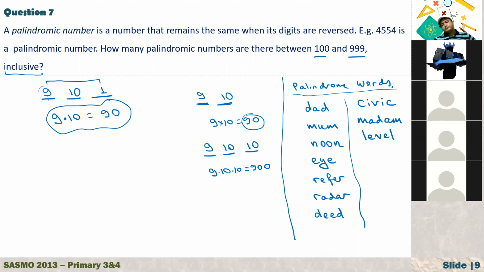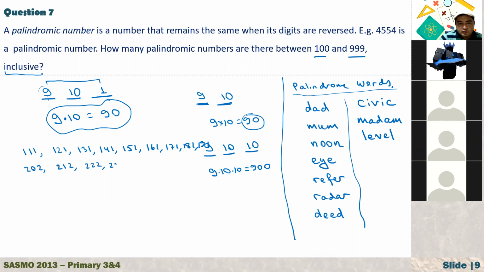Okay. What are those numbers? For example, we can just start from here: 101, 111, 121, 131, 141, 151, 161, 171, 181, 191. And after that, 202, 212, 222, 232.